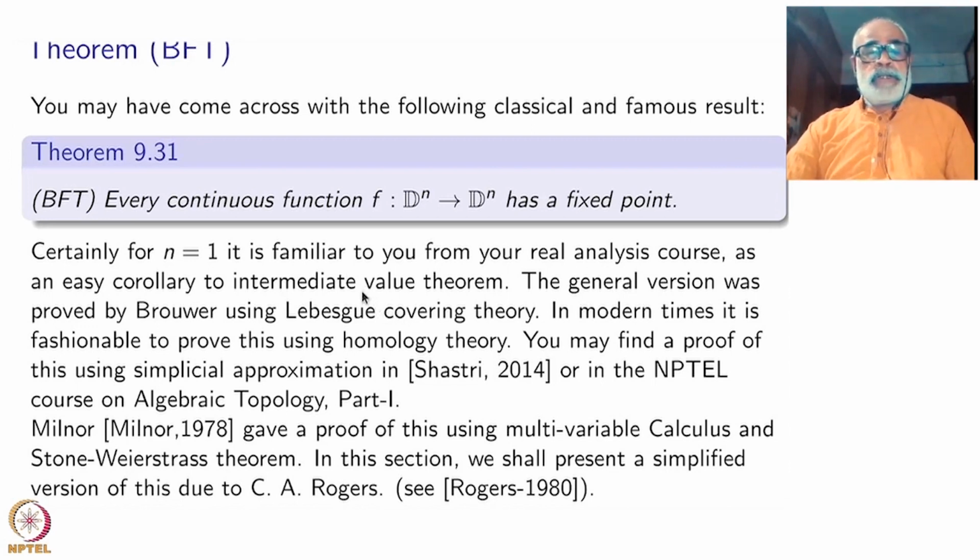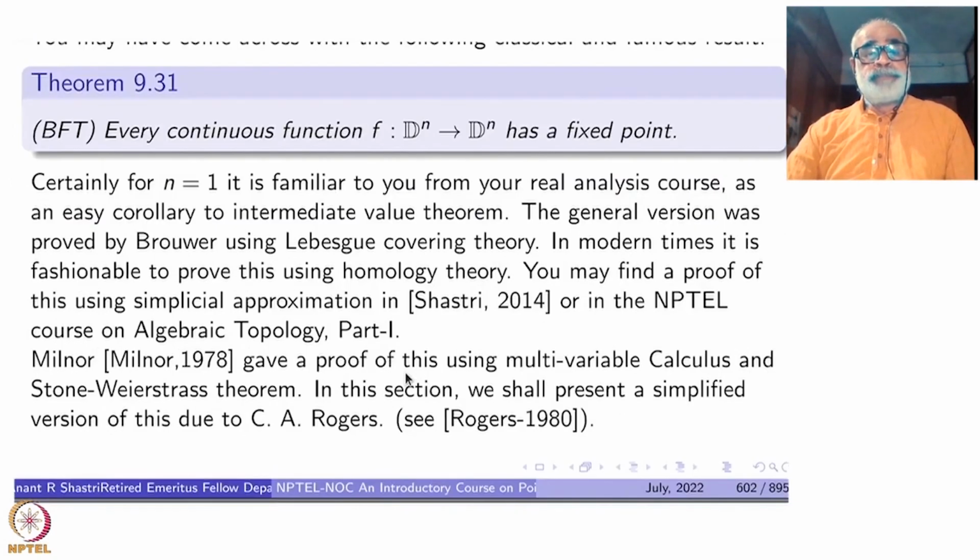The general version was proved by Brouwer using Lebesgue covering theory. In modern times, it is fashionable to prove this using homology theory. You may find a proof of this using simplicial approximation in my book, for example, or in the NPTEL course on Algebraic Topology Part-I.